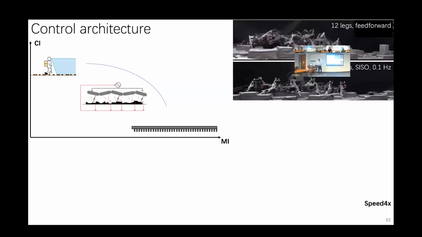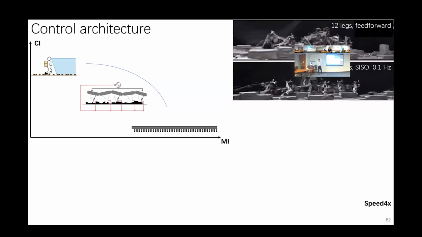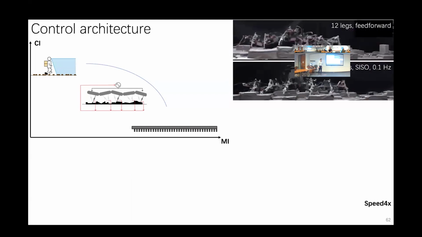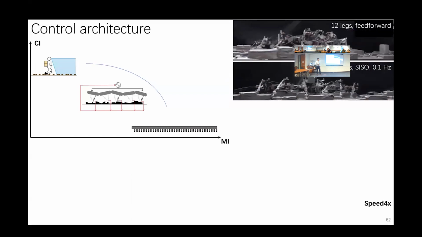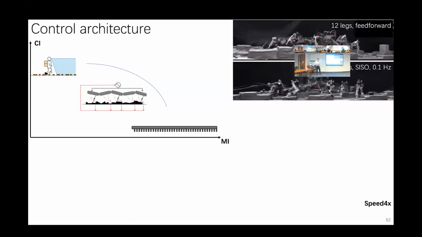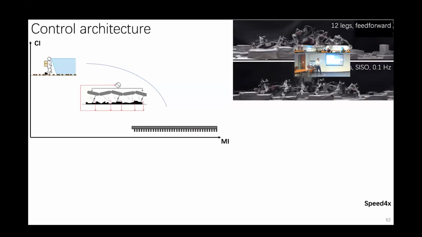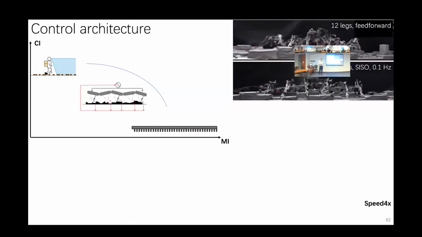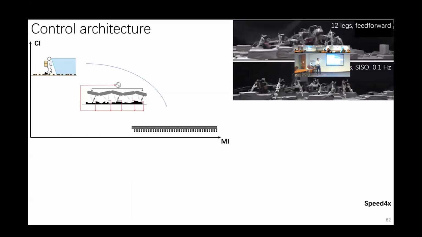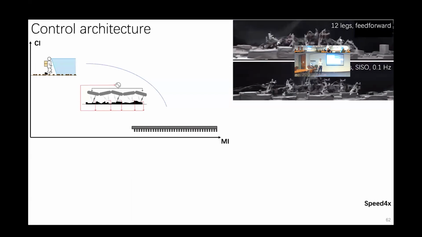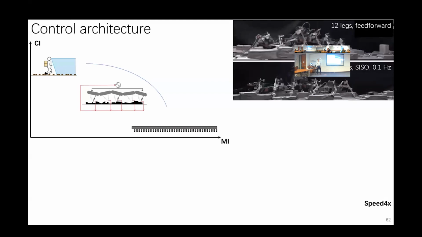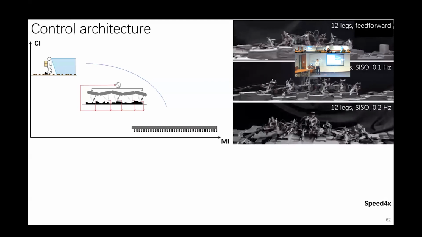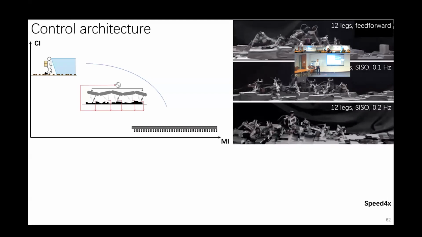We have a baseline, a 12-leg robot, feed forward, no feedbacks at all. Then we design a single input, single output controller with sensors operating at 0.1 Hz, and we notice that there's a slight improvement. Then we wonder what would happen if we increase the sensor bandwidth.